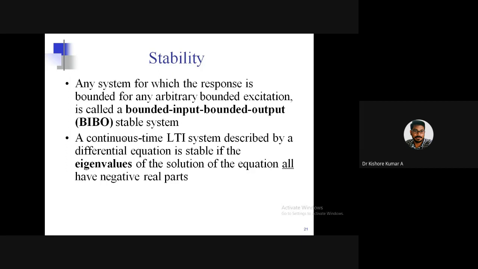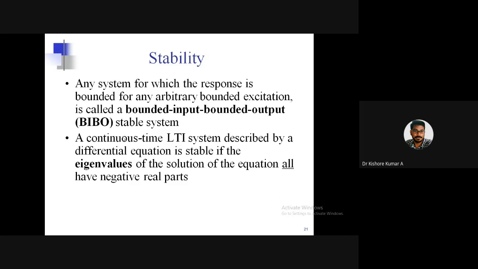And the next concept is stability. Whenever a particular system is said to be stable, for all types of inputs it has to produce stable outputs. So a bounded input and bounded output stable system, we can call a BIBO system. For any system for which the response is bounded for any arbitrary bounded excitation, we can say that the system is BIBO, that is bounded input and bounded output.